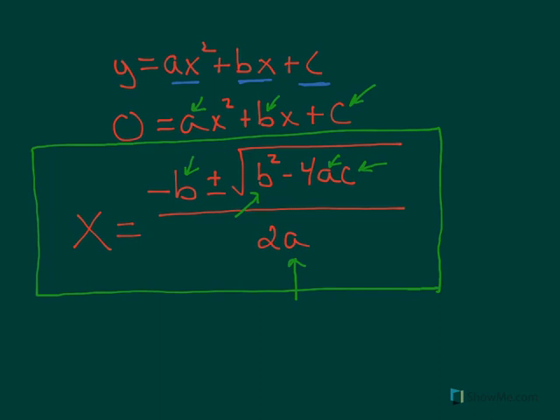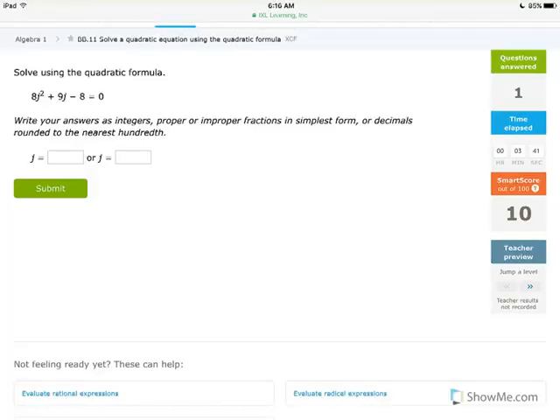And let's go ahead and look at one from IXL.com. So here's their first problem. So here's our equation. Make sure it's set equal to 0. So that's always important. If it's not, you need to arrange it algebraically. So all the values are on one side of the equal sign, and it's set equal to 0.